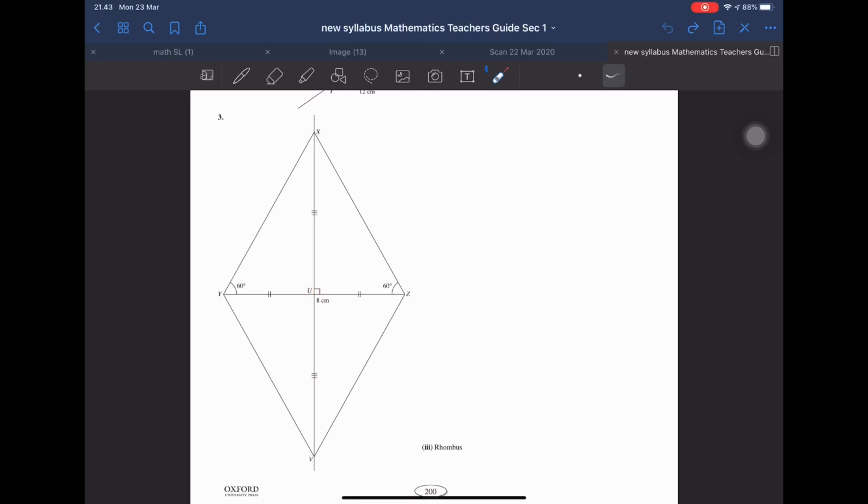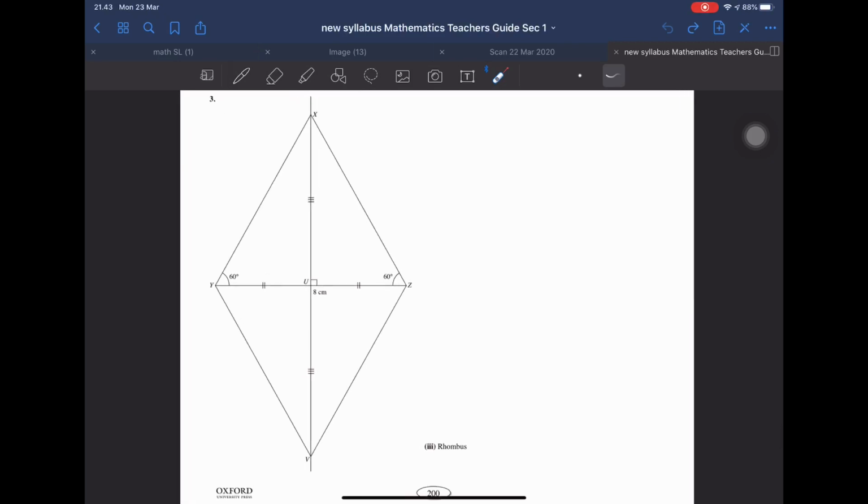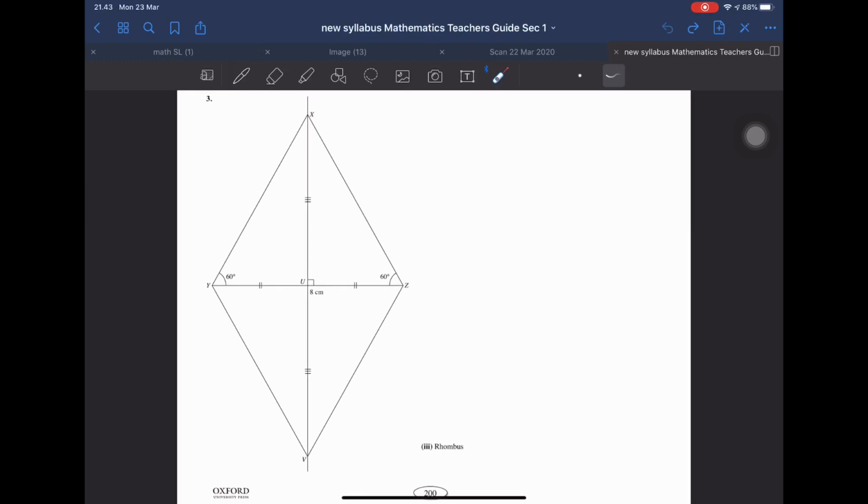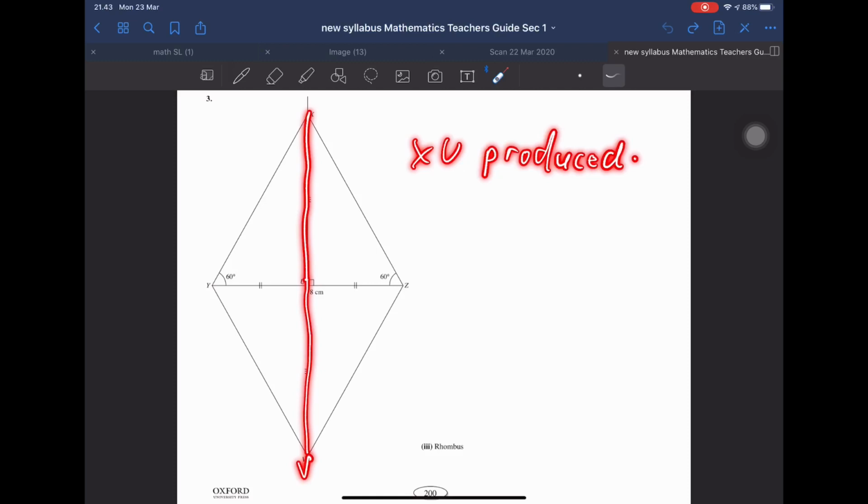Now find and label V. On XU produce. So XU produce is basically on line XU, you extend it until it becomes V. That's the meaning of produce. Extend. Make it longer, so that XU equals UV.